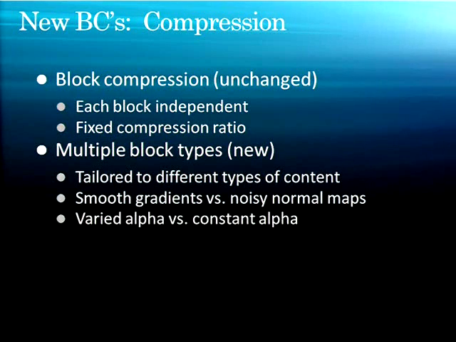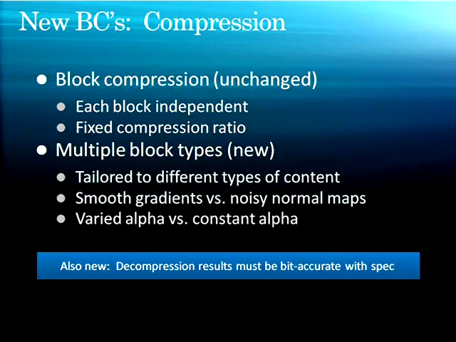So basically, we're just doing a better job of compressing different types of content because we're adding more complexity into that compression and decompression. Another big difference, and again, this gets back to this philosophy of we really want consistency, is the decompression results must be bit accurate with the spec. So this is something new, and people are very, very happy about this.